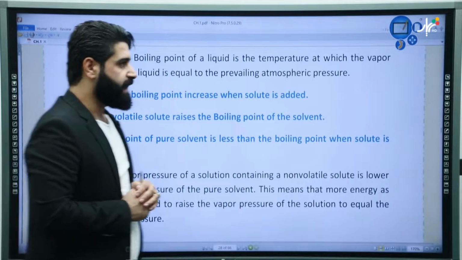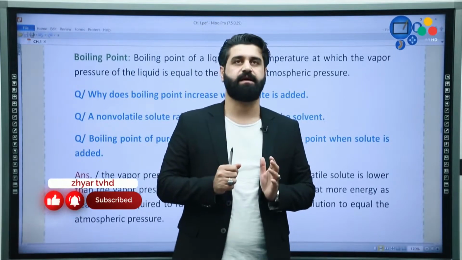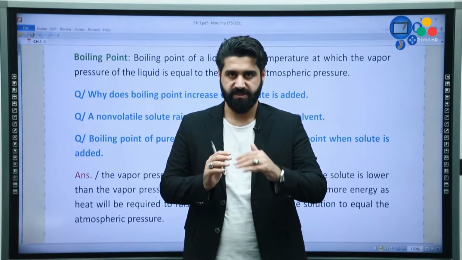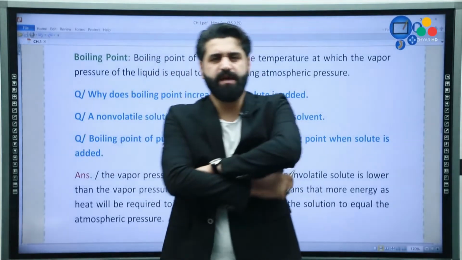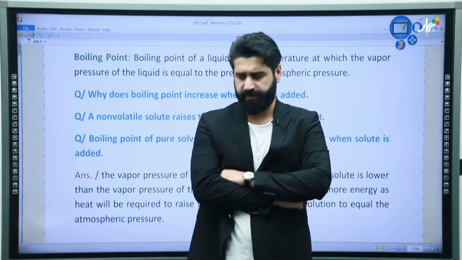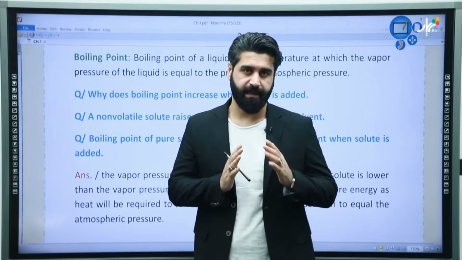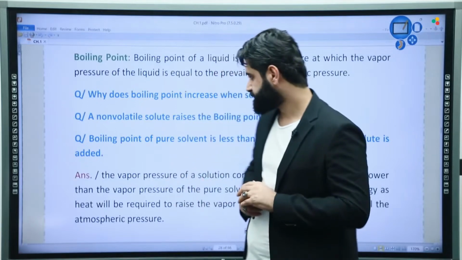Now, if you note, I mentioned vapor pressure again. So there's a strong relation between vapor pressure and boiling point. But is the relation direct or reverse? Surely it's reverse.